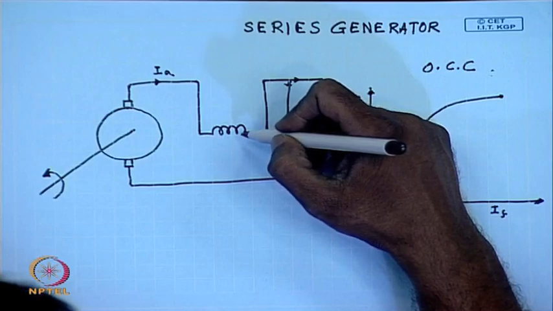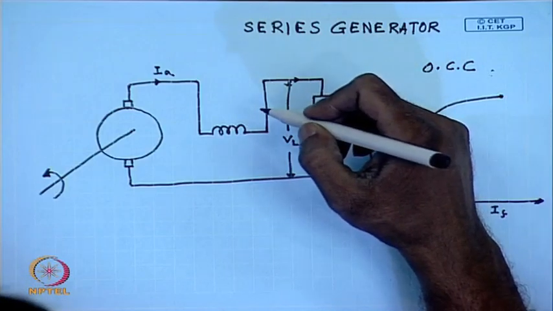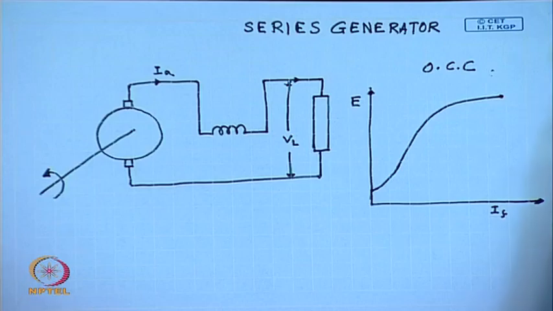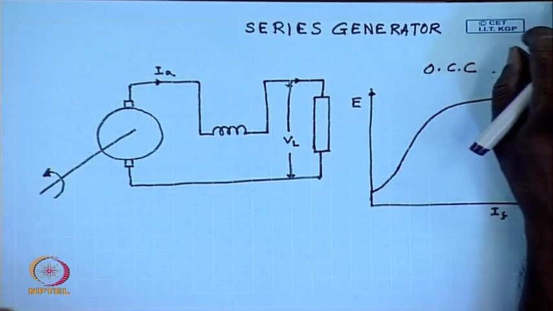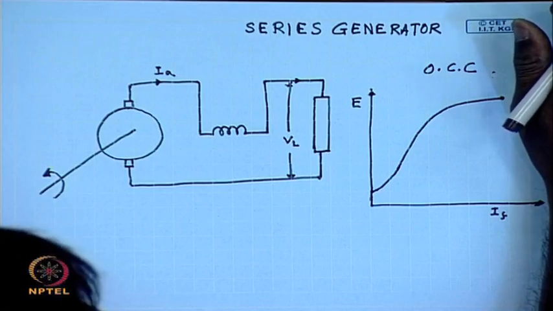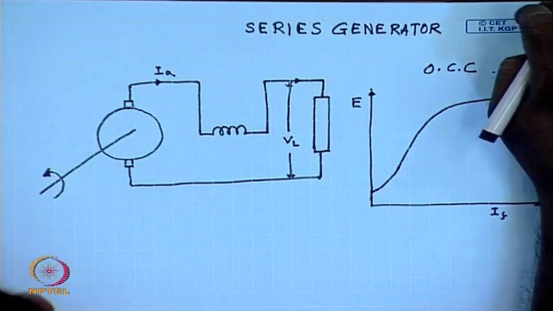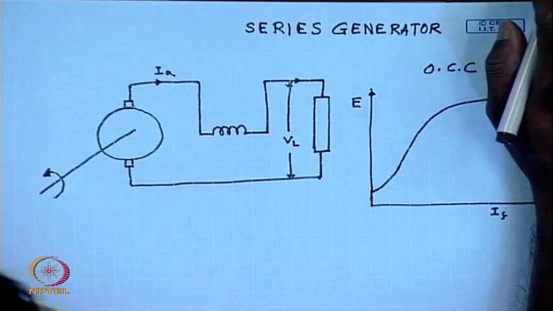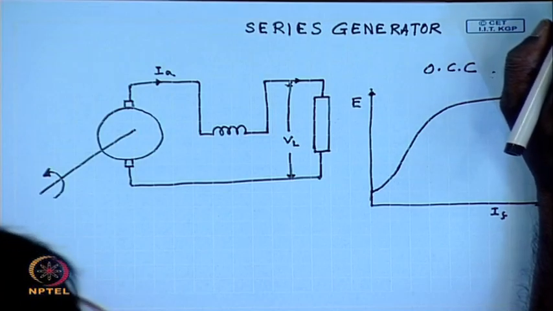However, the series field winding is made up of thick wires and it has fewer number of turns and it offers less resistance. The resistance of a series field winding will be almost of the same order as that of the armature winding.